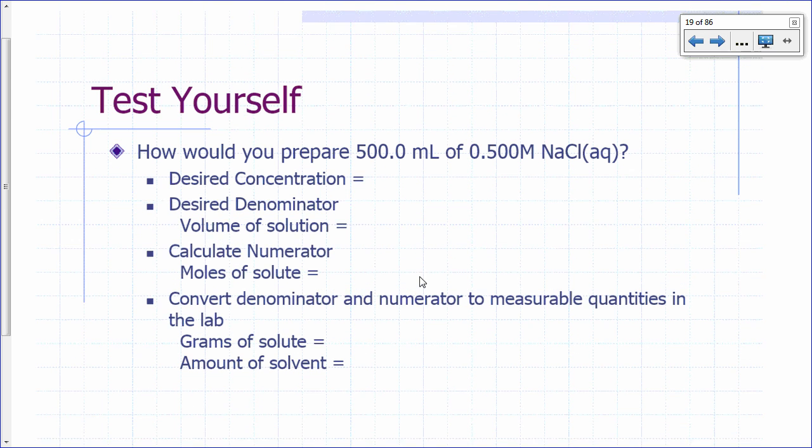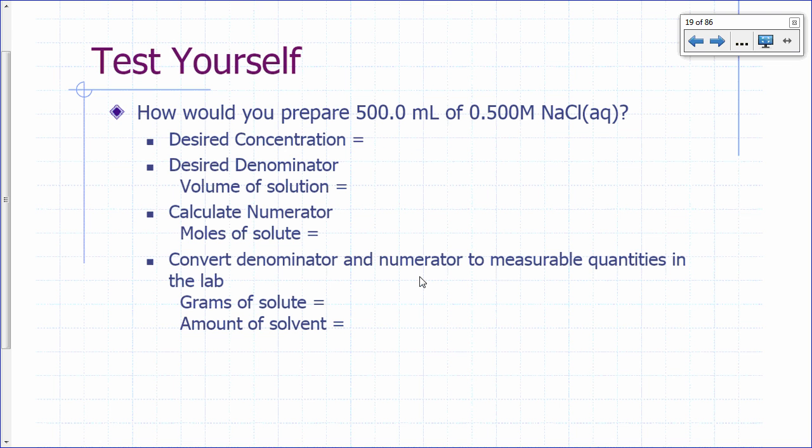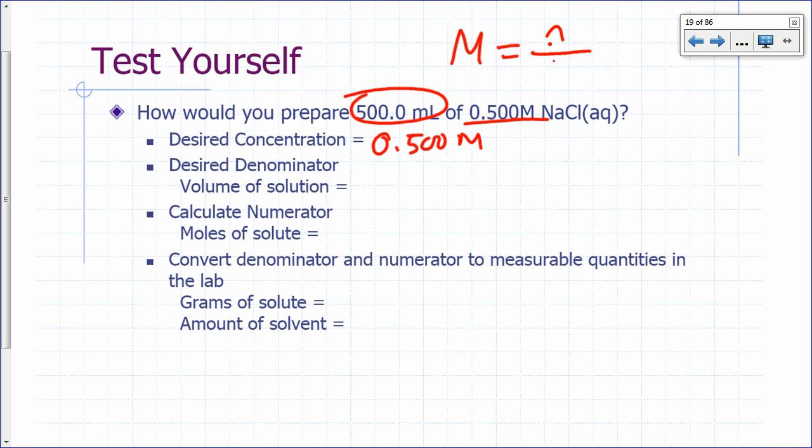So let's look at an example here. Let's say you want to prepare 500 milliliters of 0.5 molar sodium chloride. What's our desired concentration? 0.5 molar. We've decided we want 500 mils, so that's the denominator in the defining equation. Remember, molarity is moles over volume, so number of moles is the numerator, volume in the denominator. 500 mils is 0.5000 liters.